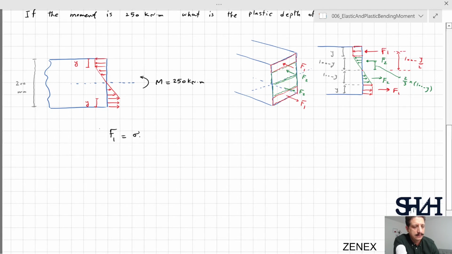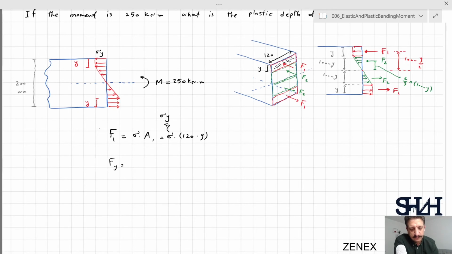So F1 is sigma times A1. A1 here is y times the width of the cross section, which was 120 millimeters. So the area is 120 times y. And we know that sigma is now sigma y because it is plastic. F2 is not sigma times area because it is a triangle.